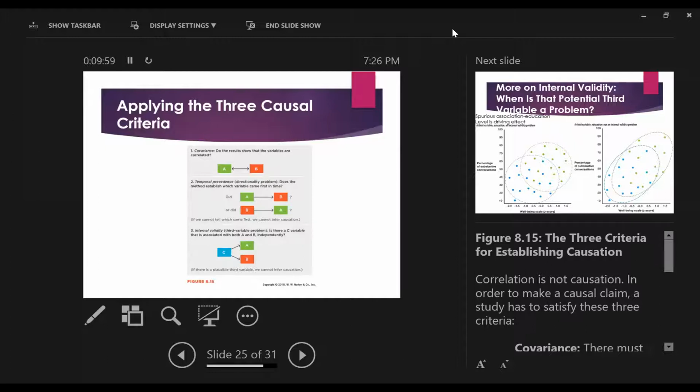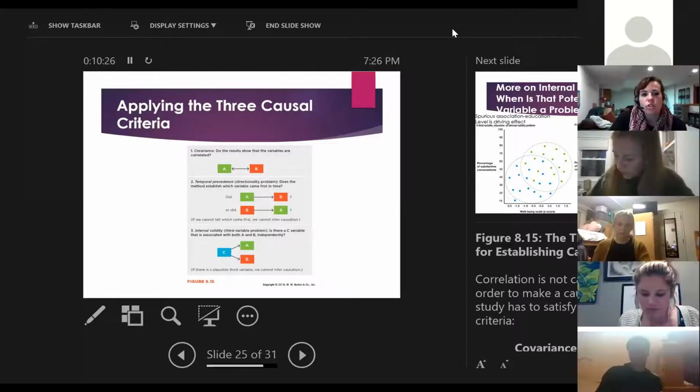The method that we're using to compare these variables, does it imply that one needs to happen before the other or vice versa? If we don't know what happens first, then it's hard to infer any sort of causation. So if I think about, again, GPA scores in high school and then SAT scores, what would be the temporal precedence there?